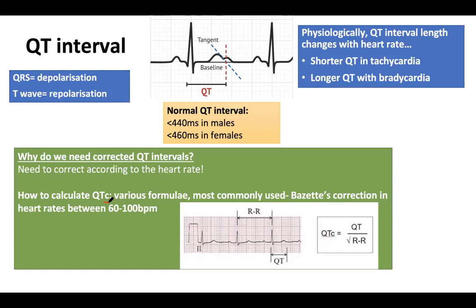It looks at the QT interval and the RR interval. So it's basically the QT interval divided by the square root of the RR interval. There are lots of calculators online which can do this automatically. You just plug in your QT duration and then your RR, and it gives you your answer.